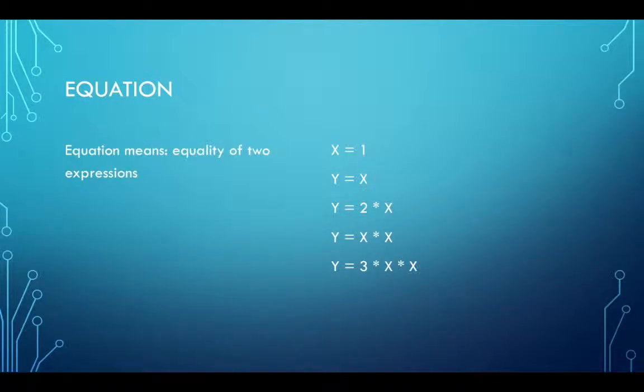Another example is Y equals 2 times X. We can also see another, more complex equation like this: Y equals X times X. For such an equation, if X equals 3, then Y will be 3 times 3, so Y will equal 9.